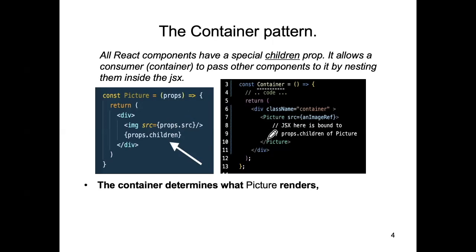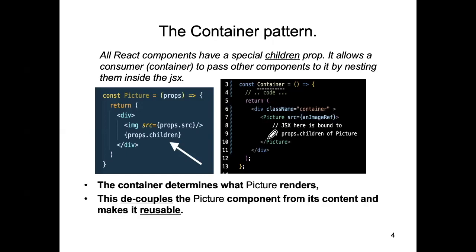So the container, or the consumer, determines or controls what the picture renders. And so different consumers or different containers may have different use cases for reusing the picture component.